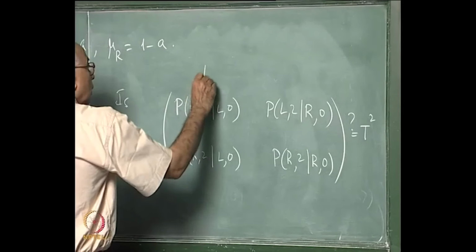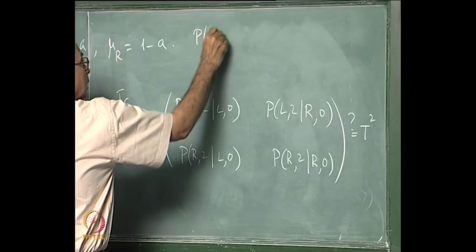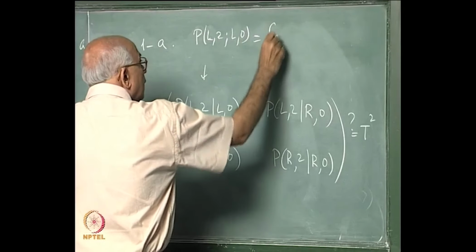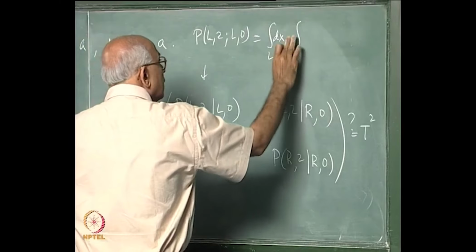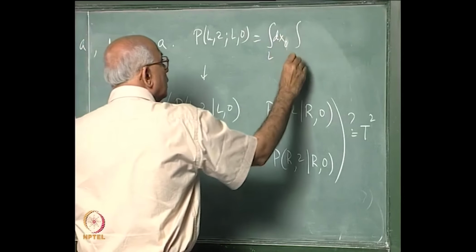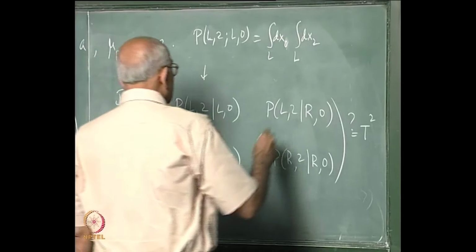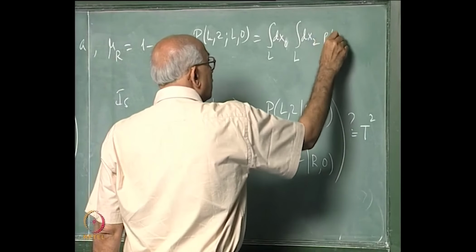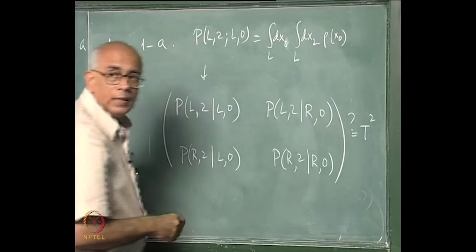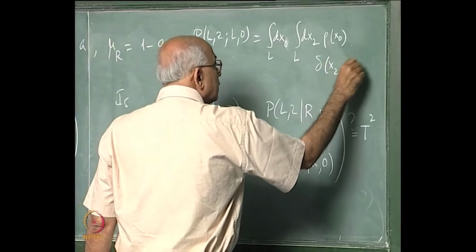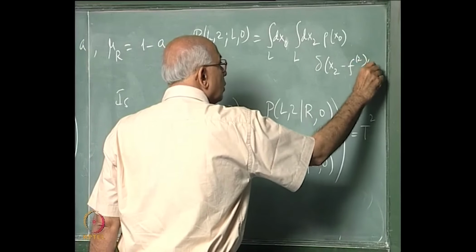What I do is to first compute this L2 L0, and I write this as the integral over L dx naught, over L dx2, times rho of x naught, which is unity in this case, multiplied by a delta function of x2 minus f2 of x naught.